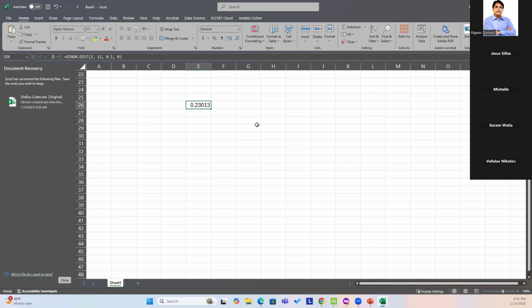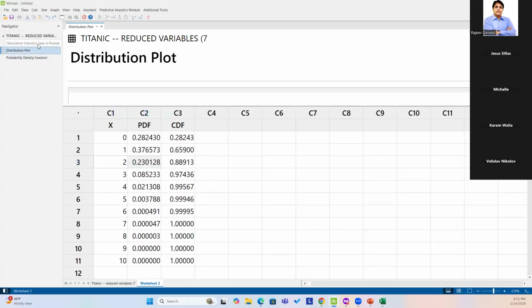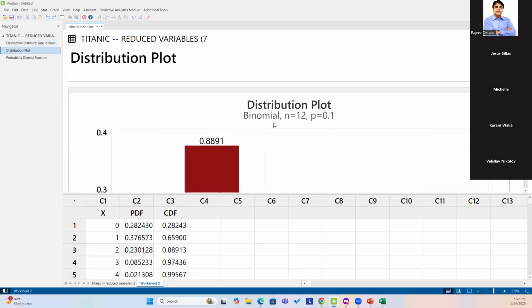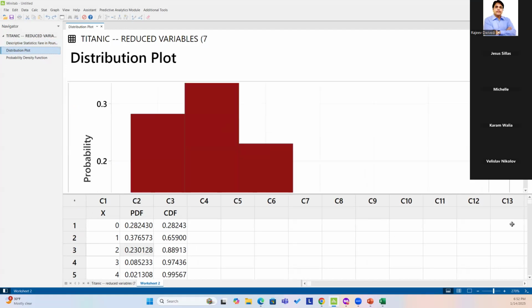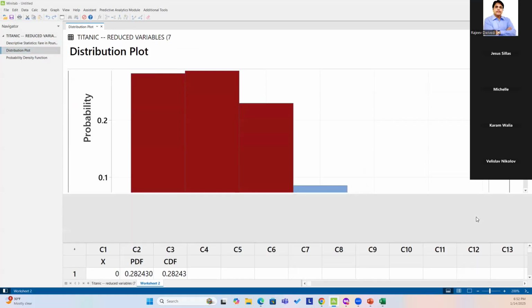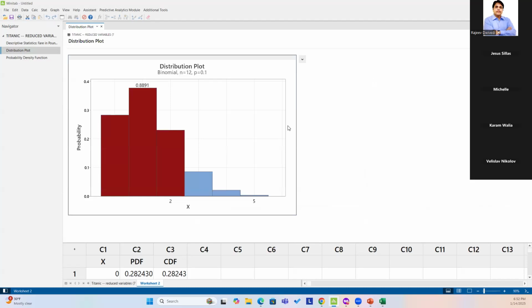It doesn't matter, but it's easy to visualize in Minitab. Here in Minitab, this is the value of 0, 1, 2, and you can see how the value is changing.